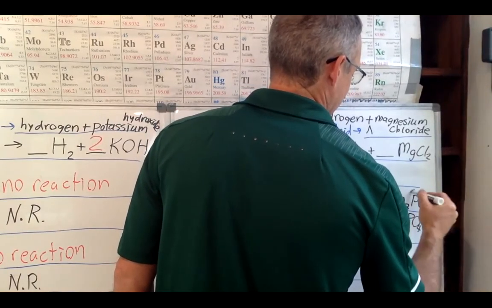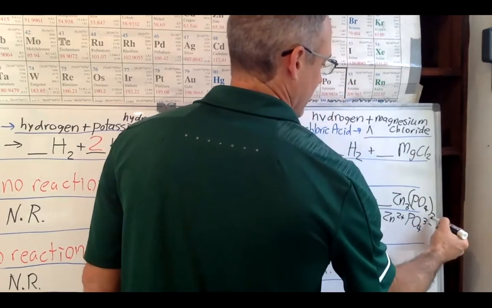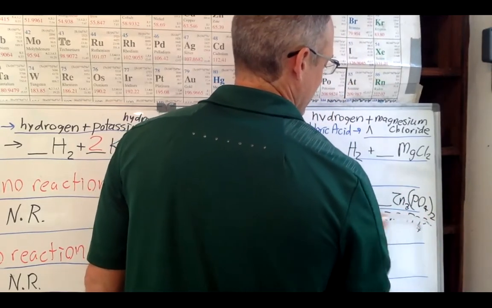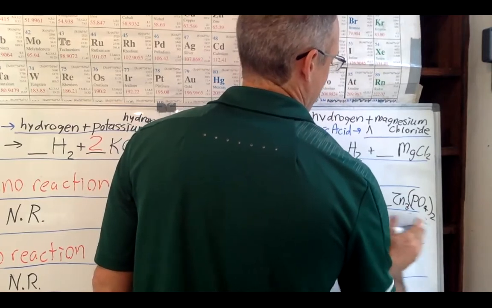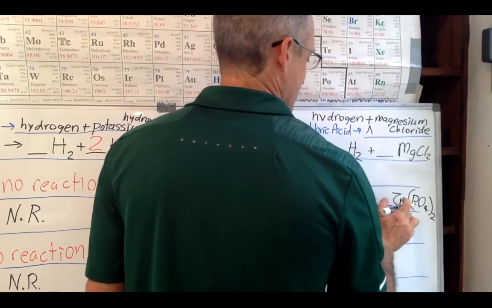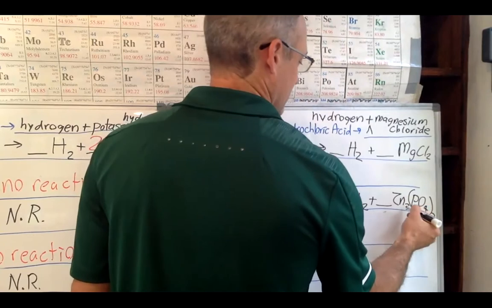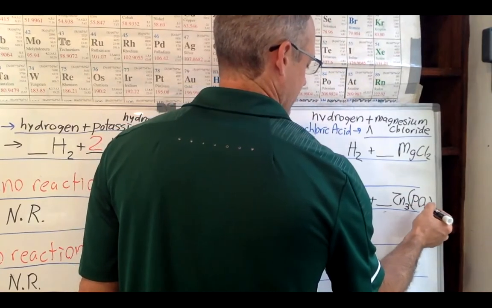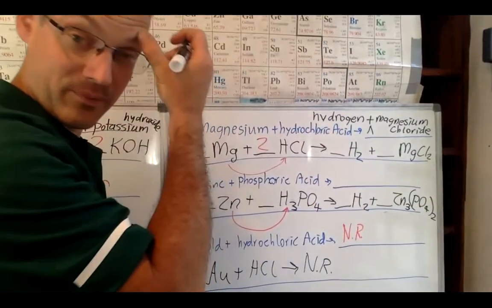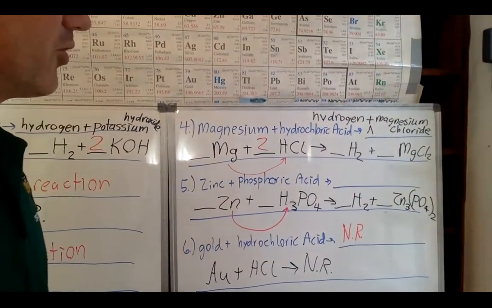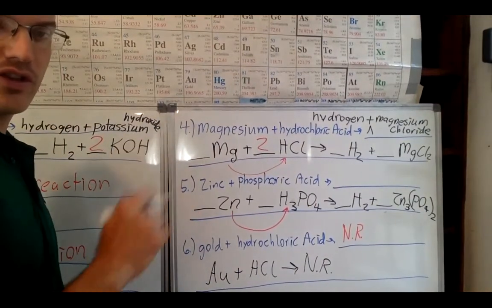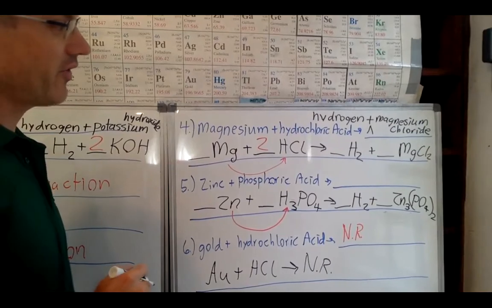And you have to put parentheses around the PO4 with a 2 on the outside. So it's Zn3(PO4)2, crisscrossing the charges and all that.